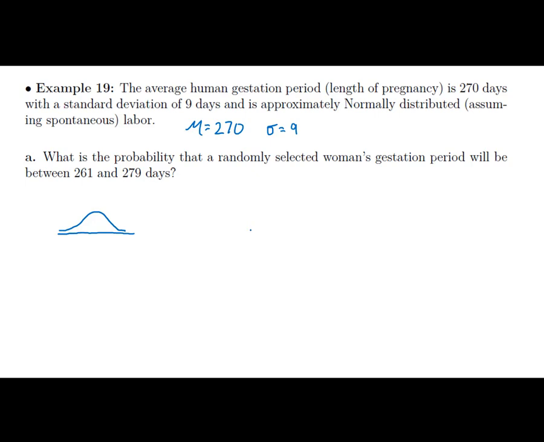To answer a probability question about the normal curve, we're asking what the chances are of being between these two values. If I can figure out what percentage of the curve is taken up between those two values, that will tell me the probability that if we randomly select a woman, she'll be between those.